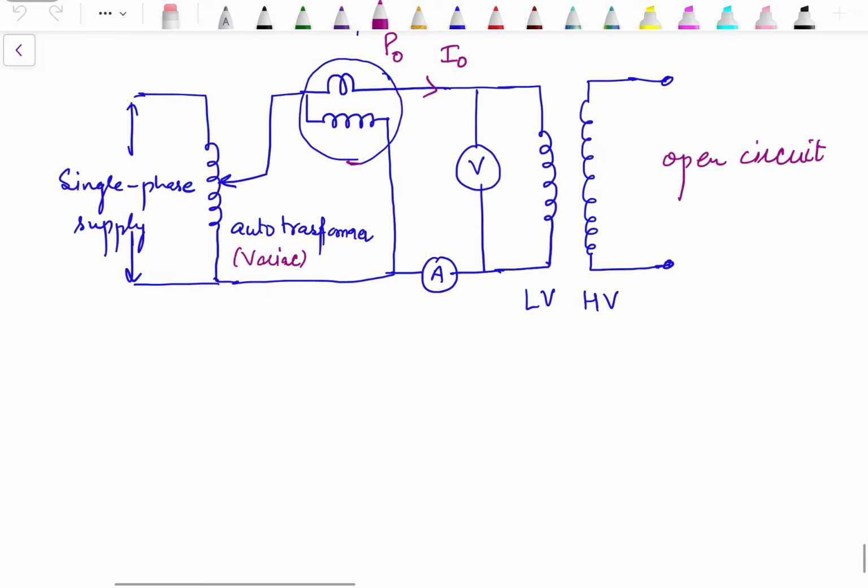Let's denote them by P naught, I naught and V naught. These are the three readings which we get from the open circuit test. Since the open circuit test is conducted at rated voltage, the core losses, which are directly proportional to the voltage, are occurring at their actual value.